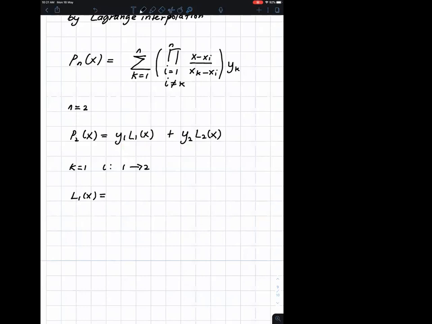L1(x) is going to be, go to this formula here. You can see k is 1, and i is 1. So it's going to be 1 and then 1, the subscript.